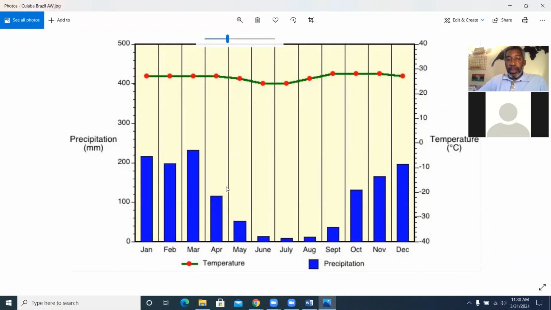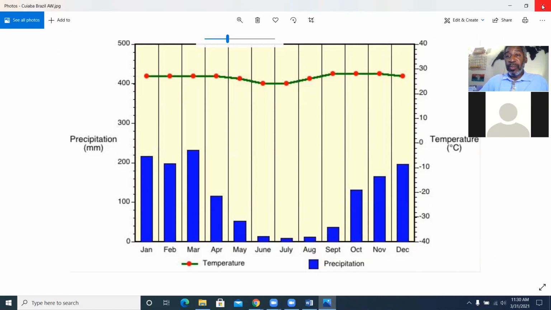But if you notice, conversely, during the summer months, there's much less precipitation, very little in June, July, and August. And so this is a seasonal pattern of precipitation illustrated by this climate graph.